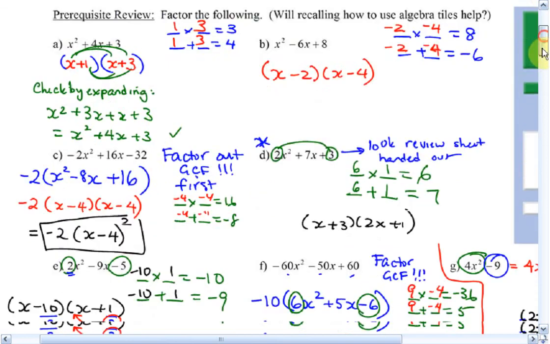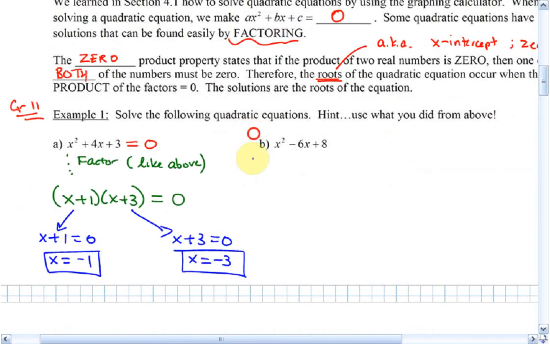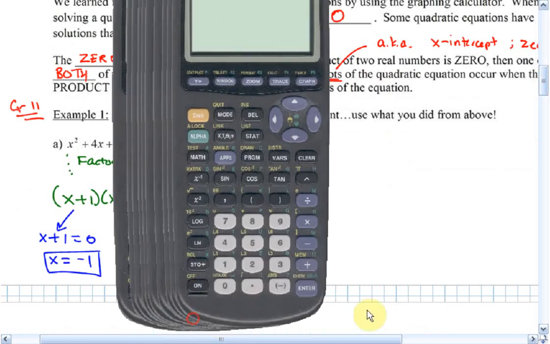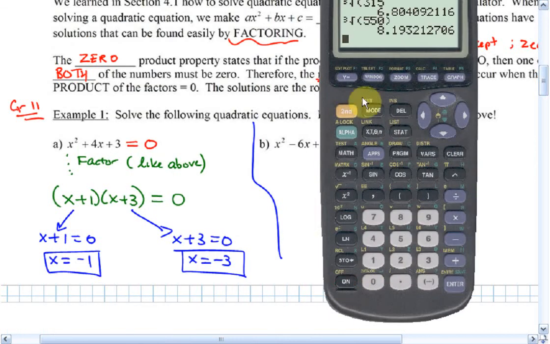Now, before I do the next one, part B, can I just show you visually that this is actually correct? How would you have solved this last section? You would have graphed out x squared plus 4x plus 3. And you graph, and this is what you get. Where are my answers? Where are the zeros?